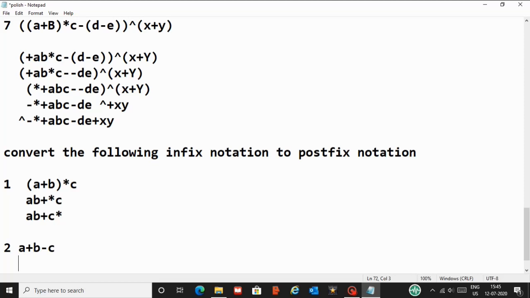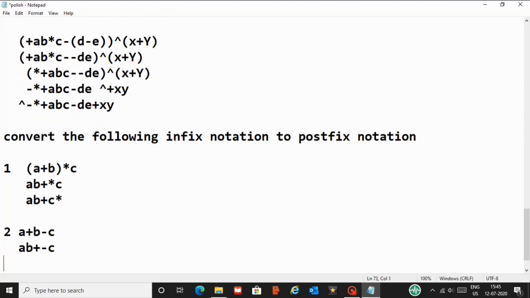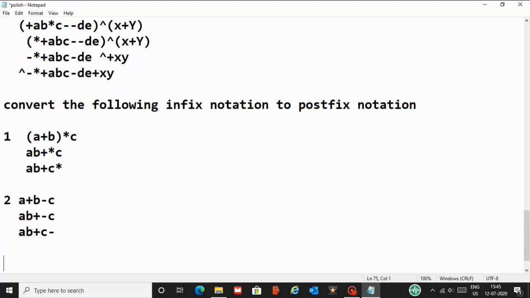So plus is there before minus. I will do A plus B first and then minus C. So it would be AB plus minus C, which is nothing but AB plus C minus. So this is the corresponding postfix expression for infix expression 2. Write it down, please.